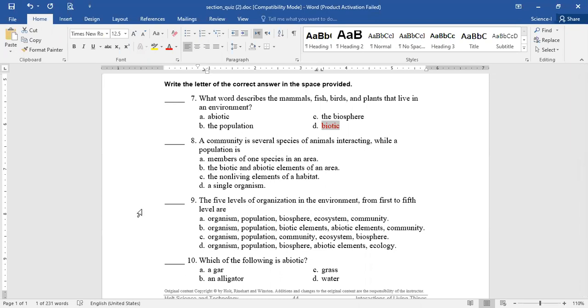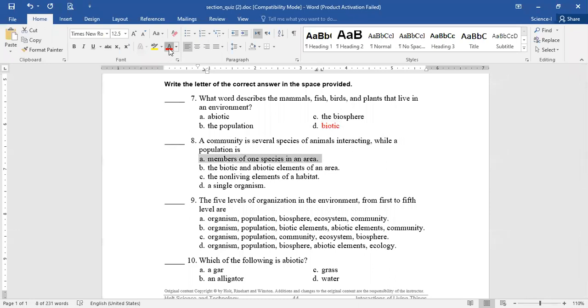Magdi, are you here? Okay, guys, the one whose name I call and who does not respond, I'm going to kick out of the meeting, okay? Yes, it will be A. A community of species, while population is a group of members of a species in an area.